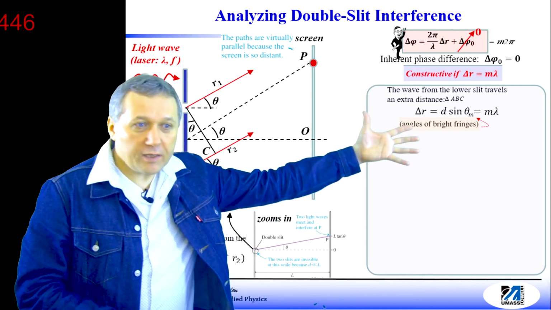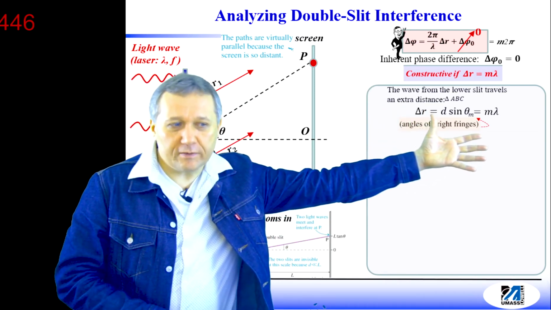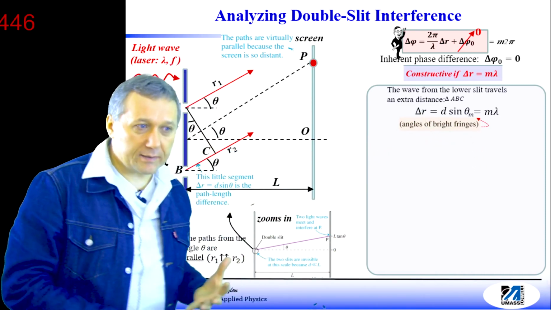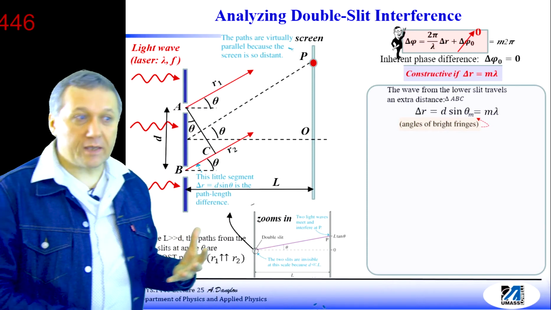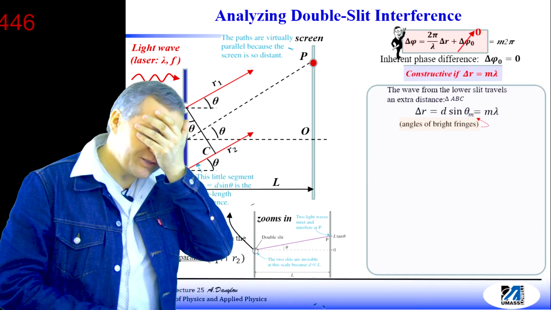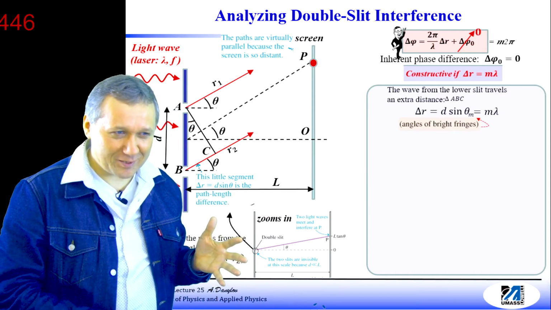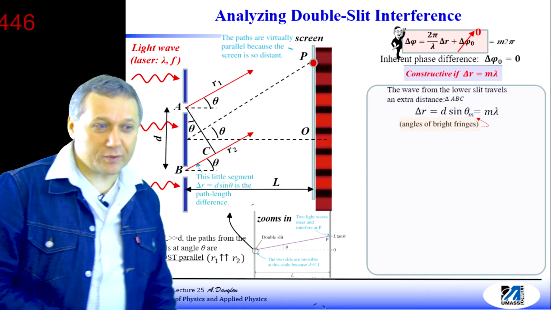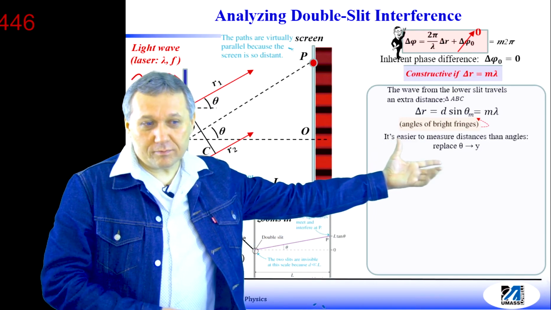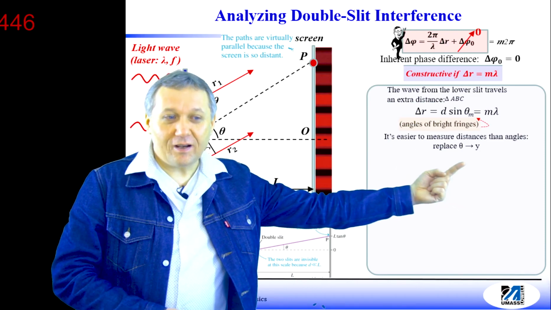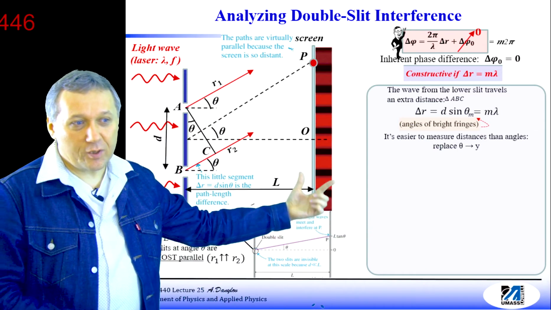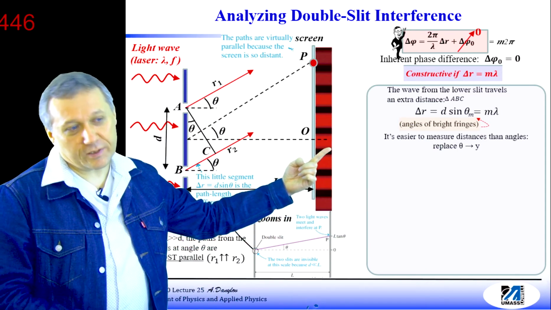So you can use this formula if you like, but it's better to slightly adjust it and measure distances from the center of the screen. So let's introduce our coordinate system now. Let's replace theta with some y, which defines the position of the bright spot relative to the center of the screen.